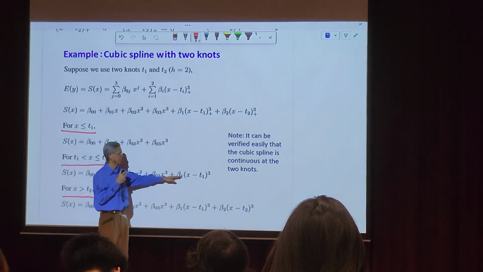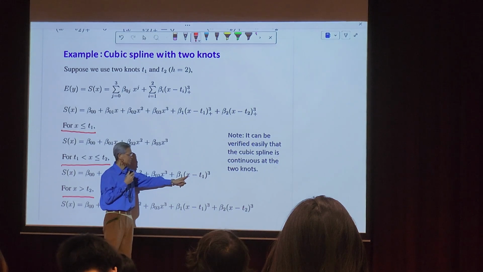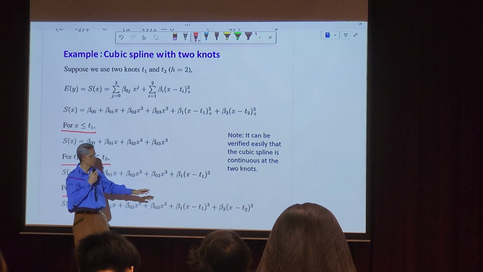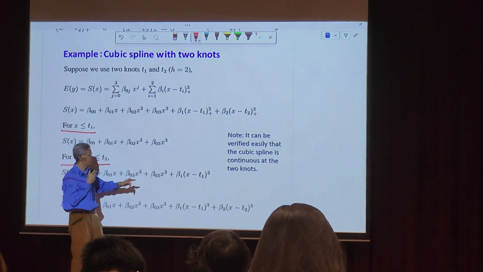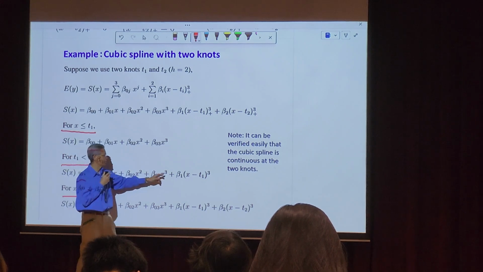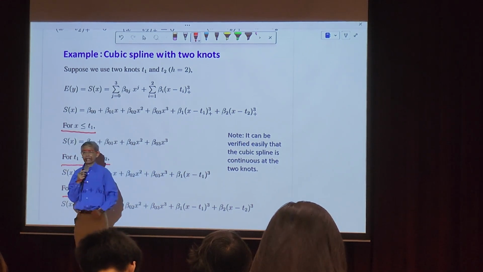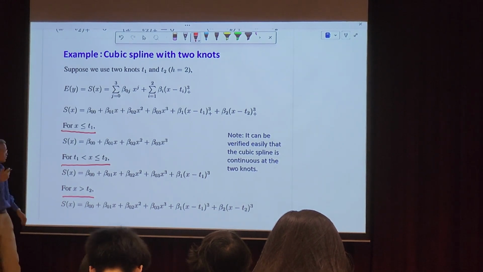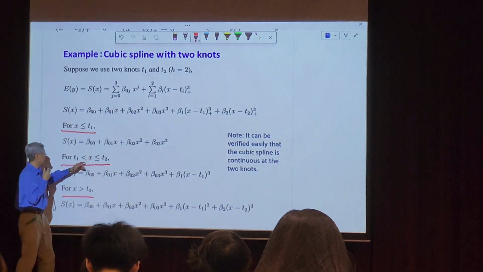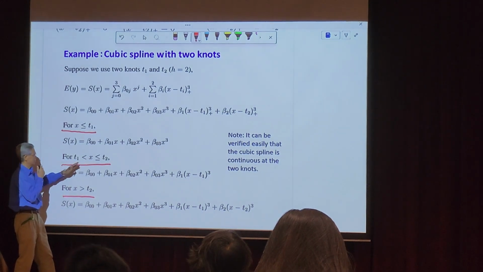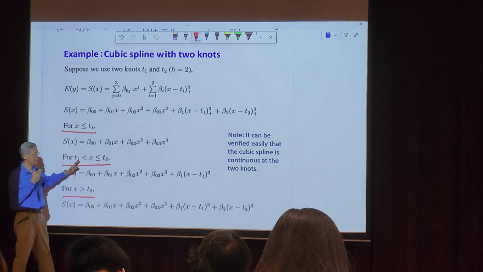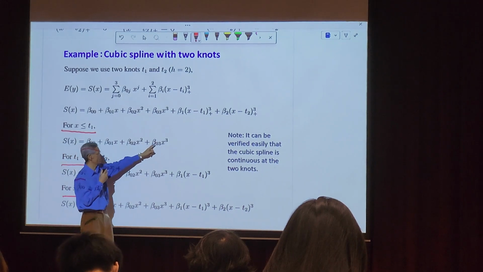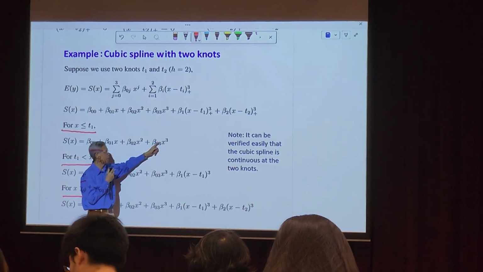polynomial, when x is near T1, what happened to this? When x is near T1, this part will become what? 0, right? So, if you approach T1 from the right-hand side of T1, this polynomial will approach this.